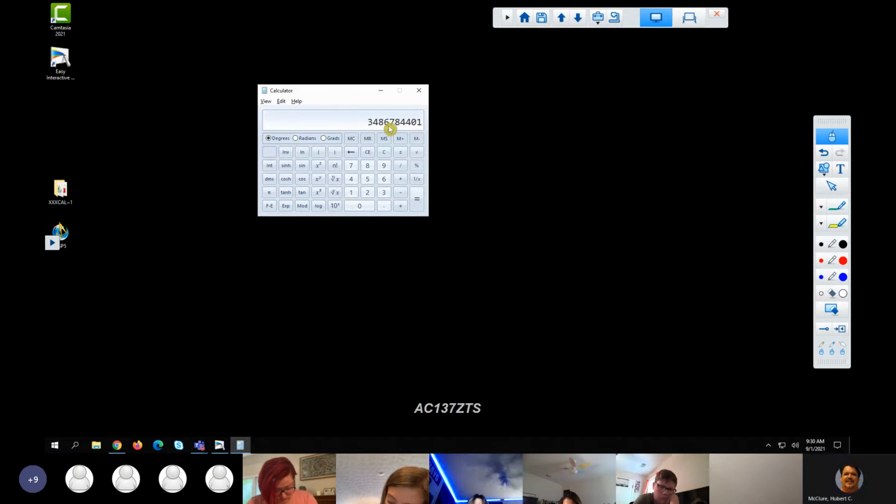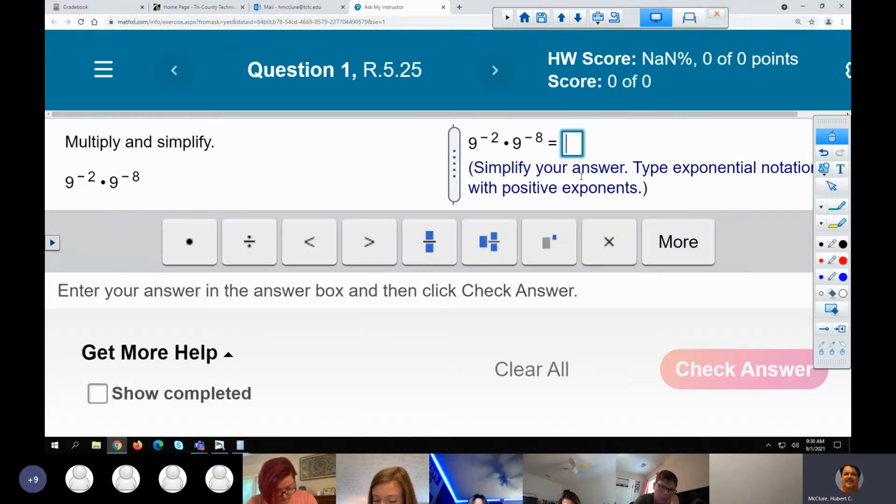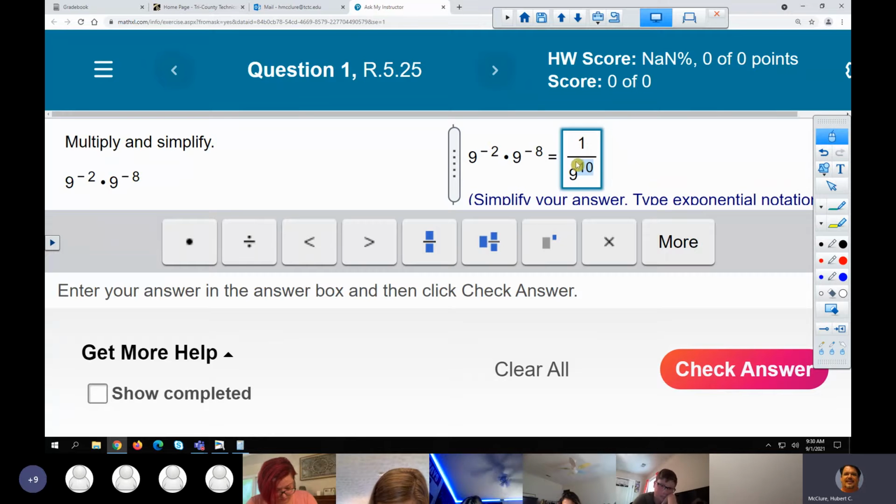But it's 3,486,784,401. Or you could just type it in as 1 divided by 9 shift up to the 10th power.